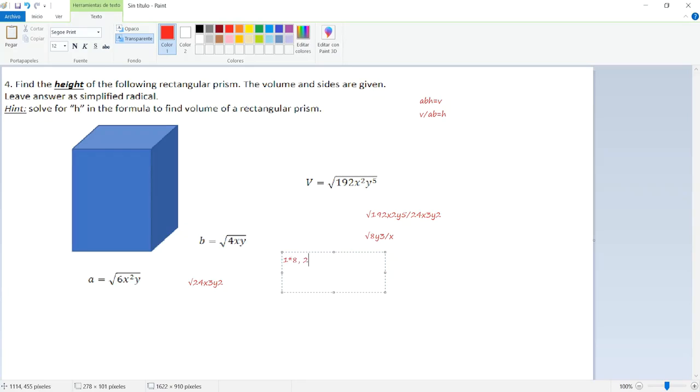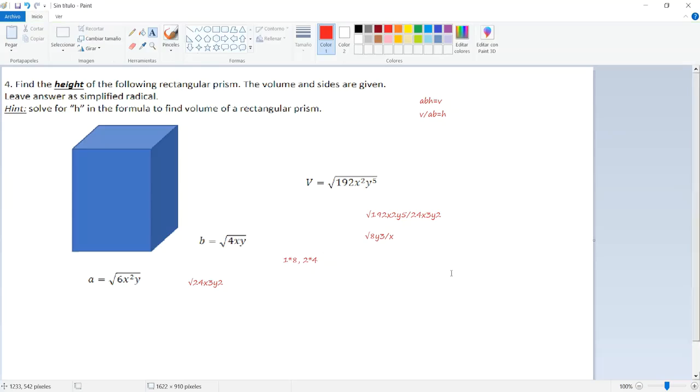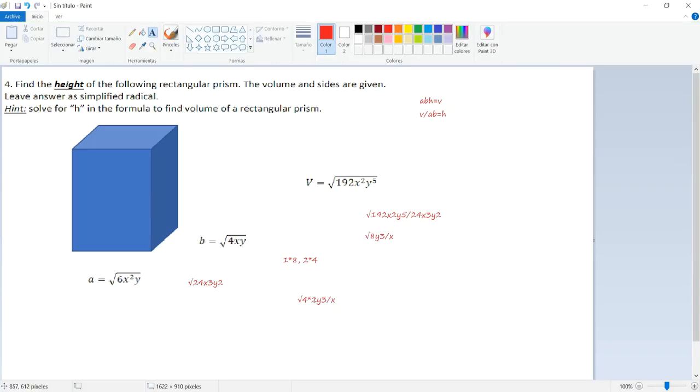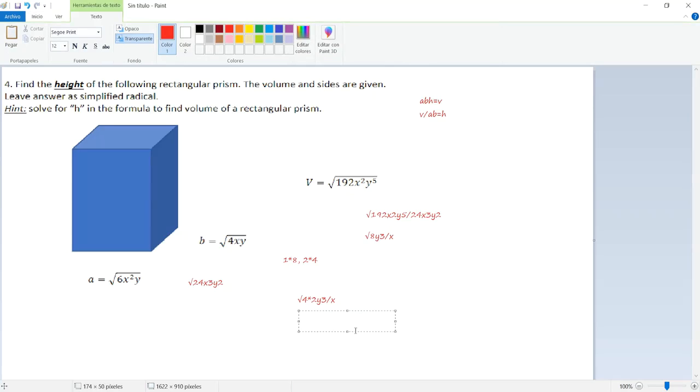Then 2 times 4 is the only other one. So we leave it like this: 4 times 2 y³ over x. Well, we cannot find the square root of 2, so we leave it there, and we then have 2 outside, which is the square root of 4, and then inside 2y³ between x.